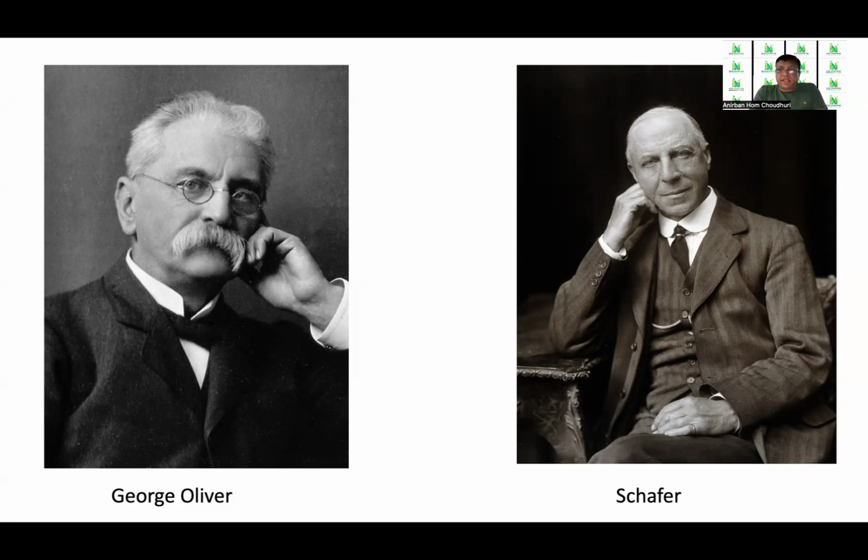He infused this extract in his son and found that the diameter of the radial artery had increased. Based upon his observation, he met his friend Schaffer in Oxford, who was a physiologist, and they went on to discover the presence of substances in the suprarenal gland, which were later confirmed to be adrenaline and noradrenaline.